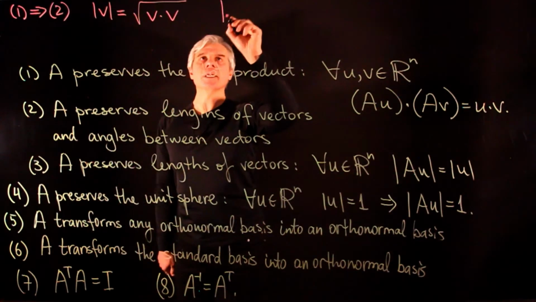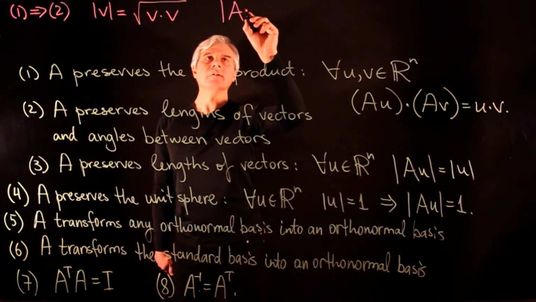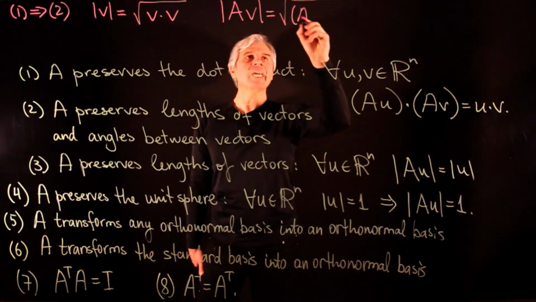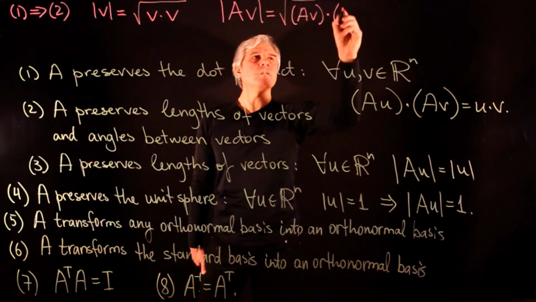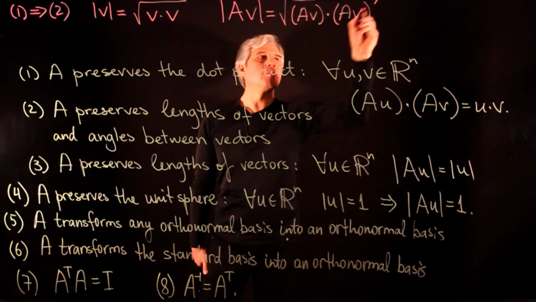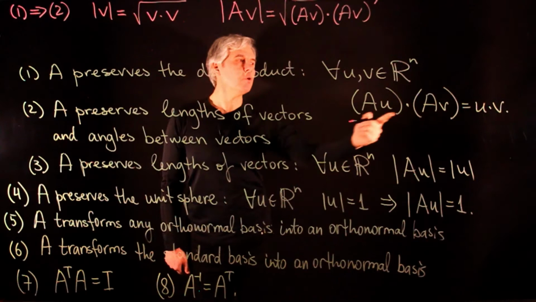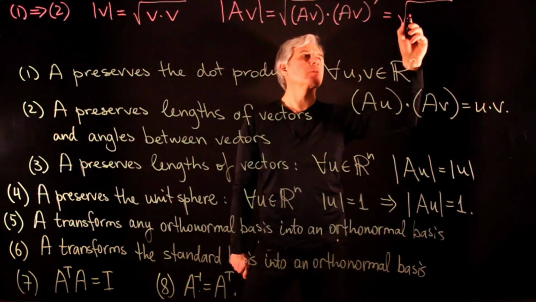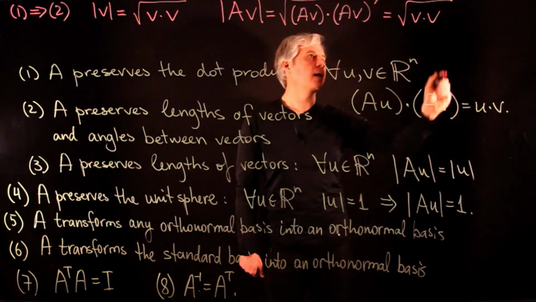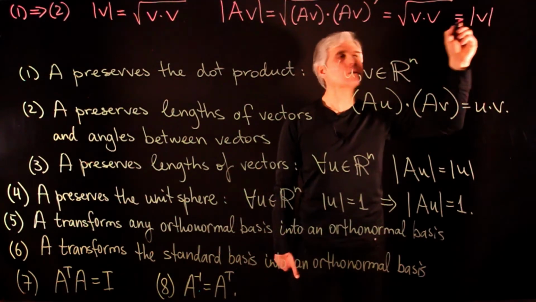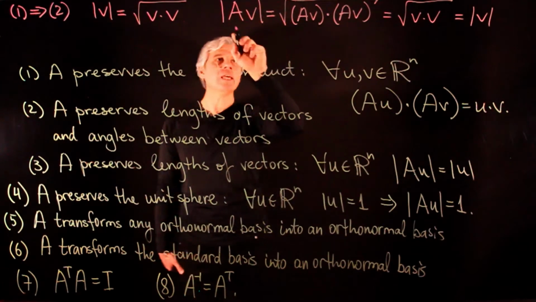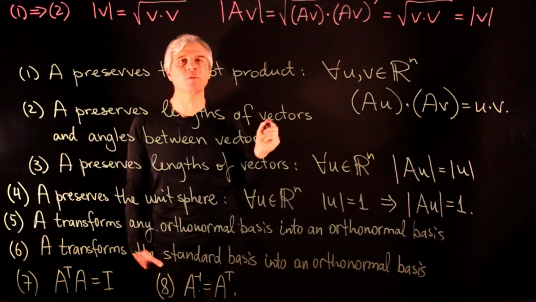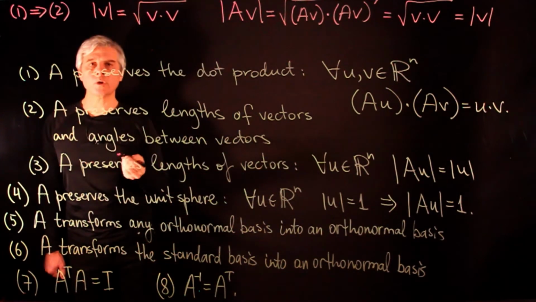And then if we take the length of Av, this is the square root of the dot product of Av with Av, but because A preserves the dot product, this is the same as the dot product of v with v, and this is the length of v. And so here we proved that the length of Av is equal to the length of v, so A preserves lengths of vectors.